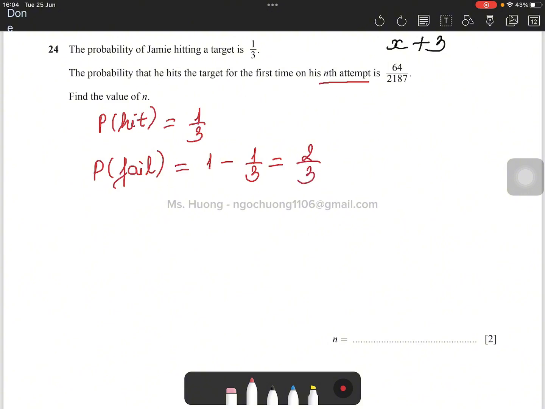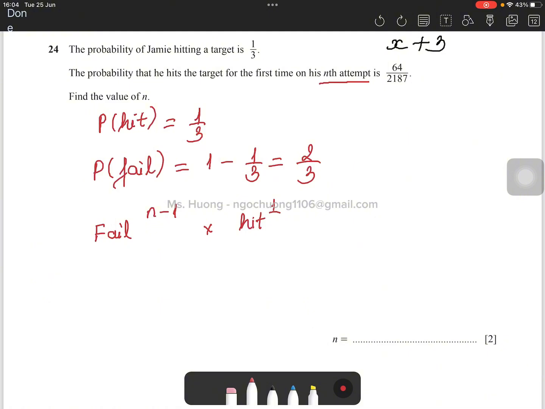The probability that he hits the target for the first time on his nth attempt means he has failed for n minus 1 times, and then he hit it in the next attempt.